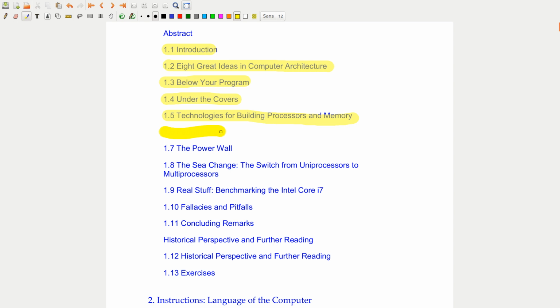Then we talked about performance, and so this is how do we actually quantify performance inside of computer architecture. So we learned about clock cycles per instruction. We learned about how to really break down the timing of instructions.